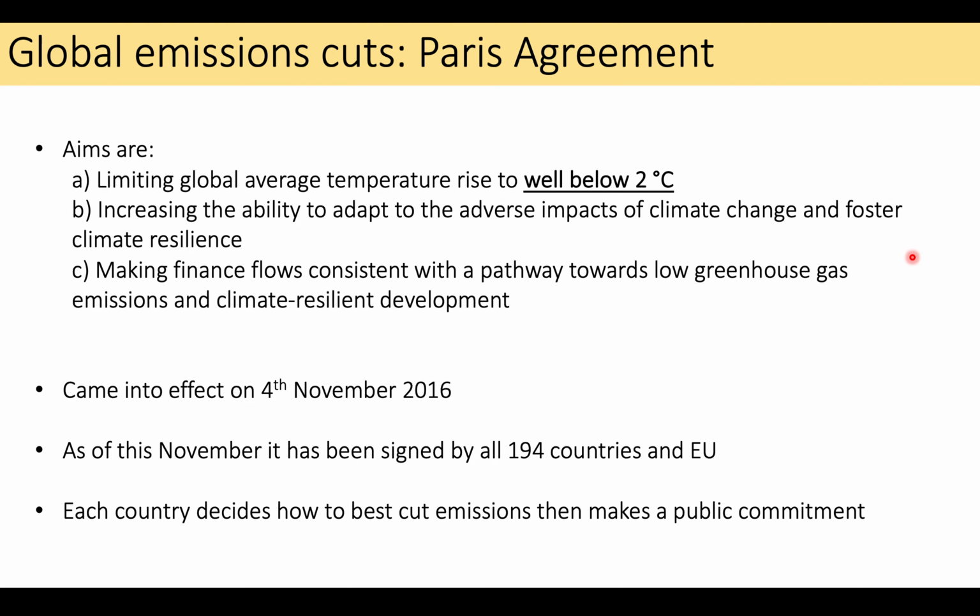So these countries made finance decisions to keep the future. They made a lot of promises, I can say, to lower greenhouse gas emissions and help with making climate resilient development.